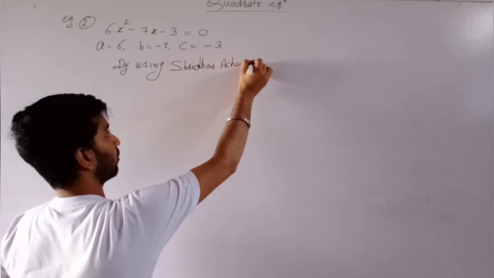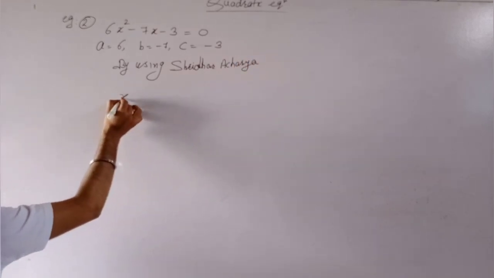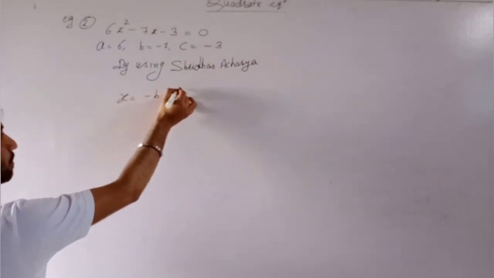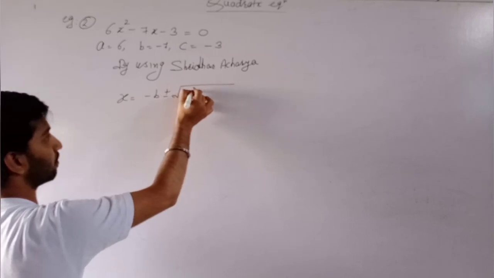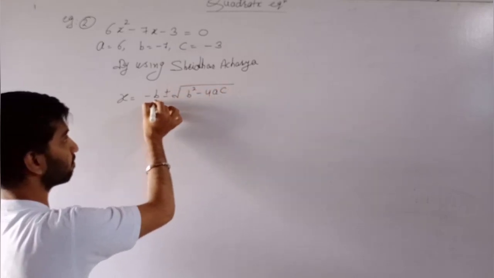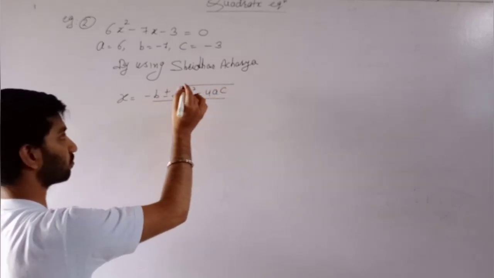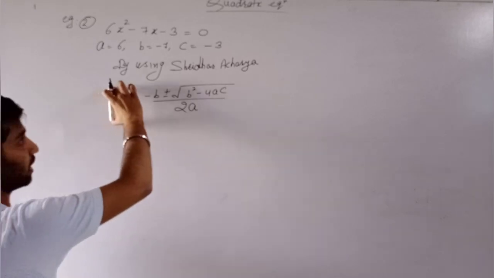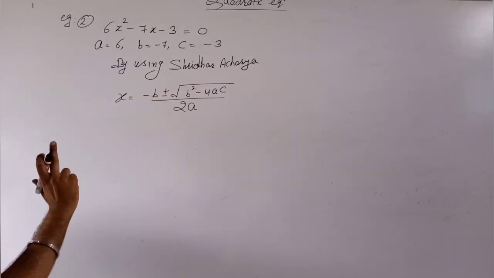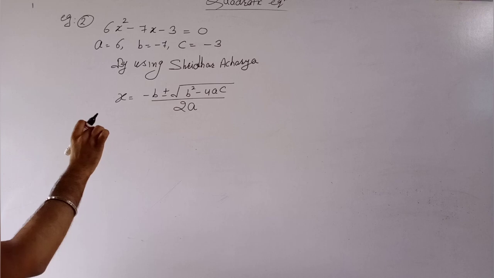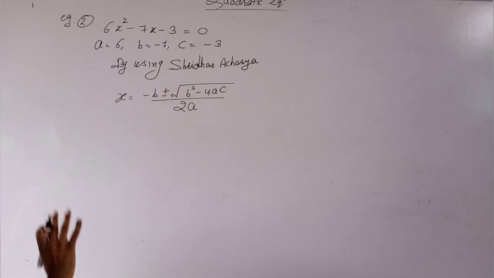Sridharacharya formula, we know that the formula is h is equal to minus b plus minus root of b squared minus 4ac divided by 2a. This formula is obtained by using the perfect square method in the general equation ax squared plus bx plus c is equal to 0.